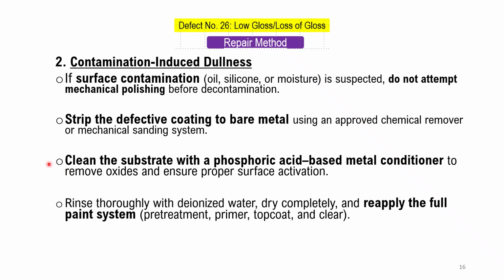Clean the substrate with a phosphoric acid-based metal conditioner to remove oxides and ensure proper surface activation. Then rinse thoroughly with deionized water, dry completely, and reapply the full paint system, that is, pre-treatment, primer, top coat, and finally clear coat.